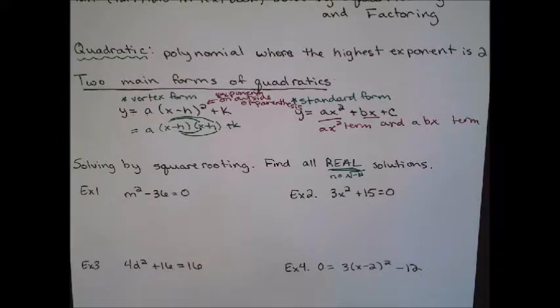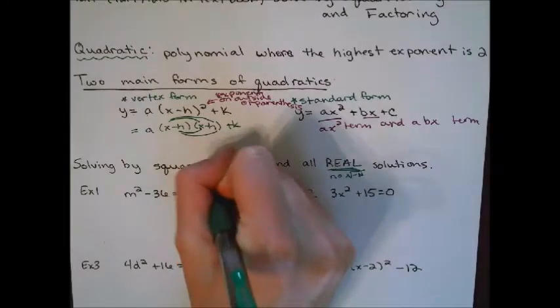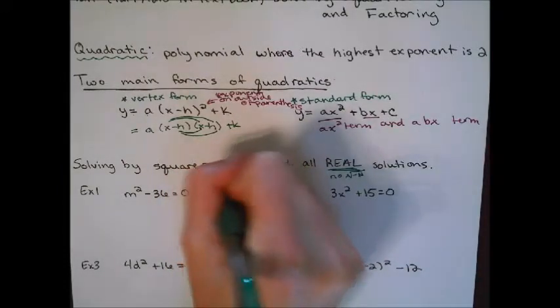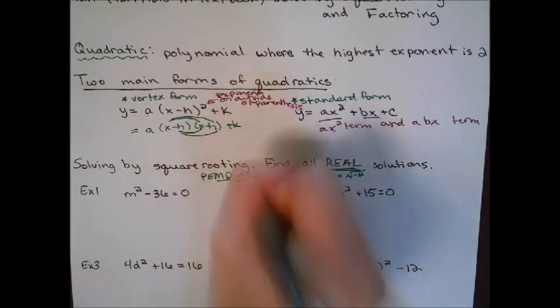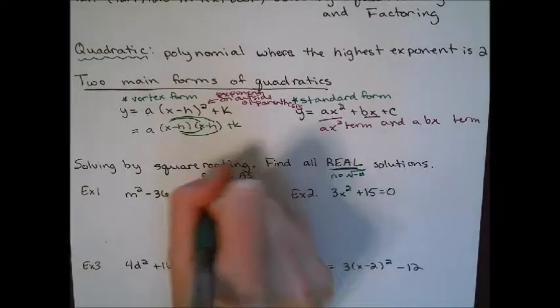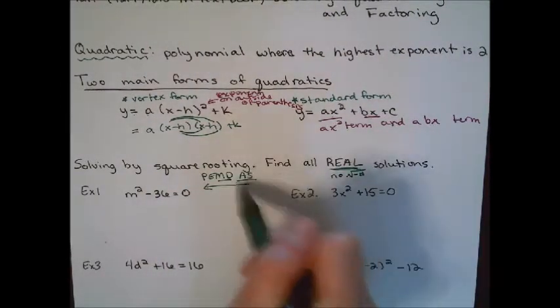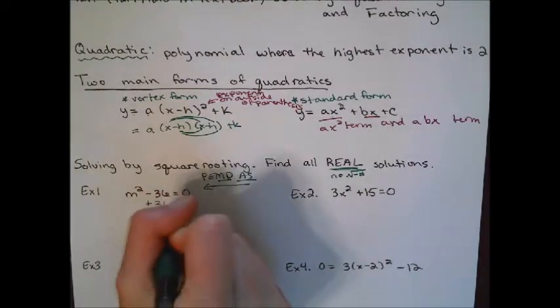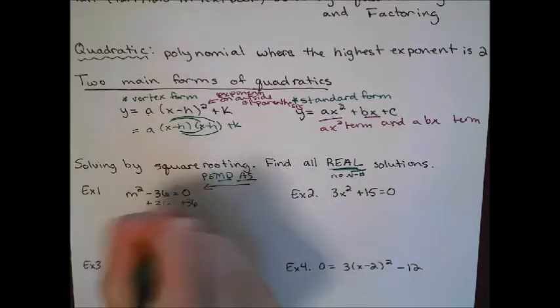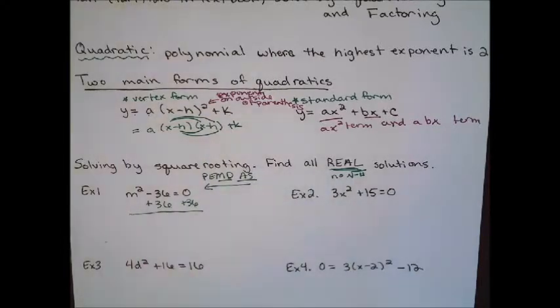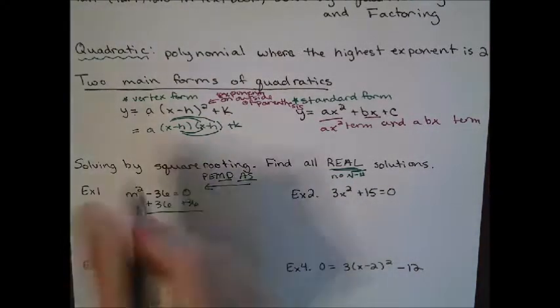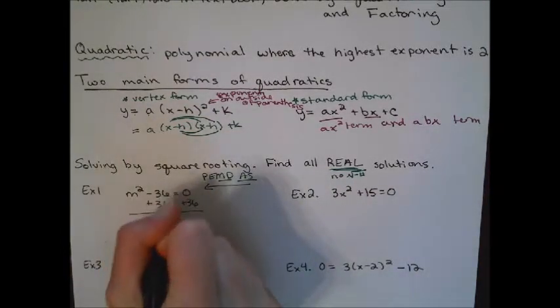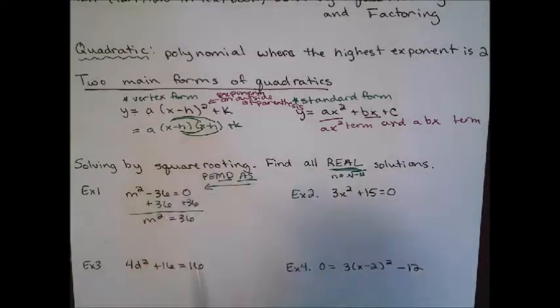So undoing parentheses, exponent, let me write it down, multiplication, division, addition, subtraction. We're going to go backwards. So the first thing we're going to do is get rid of our addition, subtraction. I'm going to add the 36 over. So I have m squared equals 36.